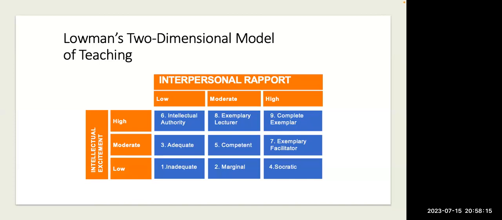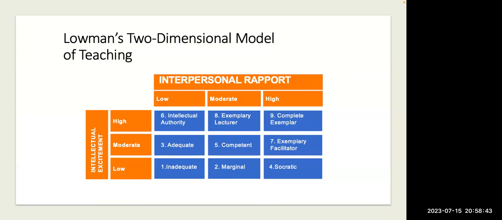If you're low in intellectual excitement, but moderate in interpersonal rapport, you're marginal, just at the edge. If you are moderate in intellectual excitement, but low in interpersonal, you're adequate. Marginal is lower than adequate.